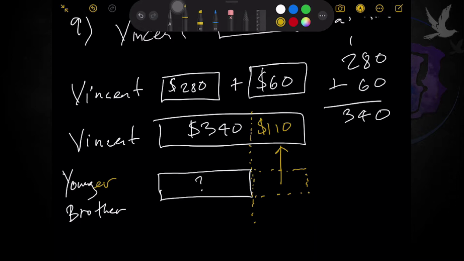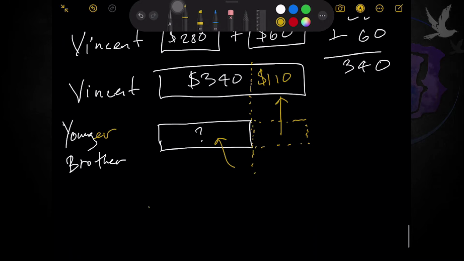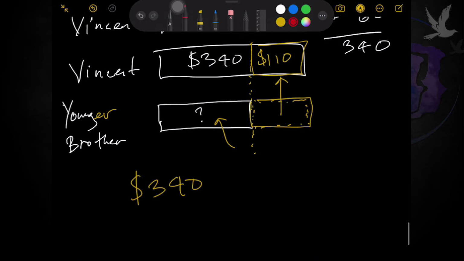Okay? So, ibig sabihin, to get the value of this one, all you need to do is to get the total money of Vincent, which is $340, and subtract this chunk over here. Kasi nga, the total of this, I'm just going to show you. Erase ko muna to. Just to show you that the total of this is 340, representing the same exact value of this part.